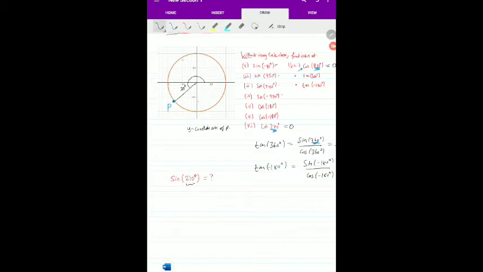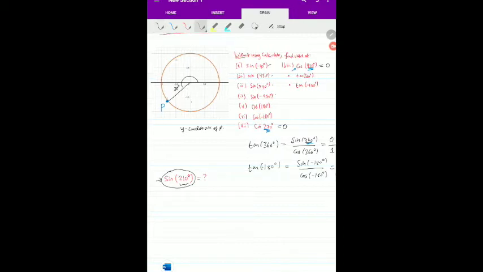So to find out what this is, we're interested in what the y-coordinate of P is, right? Well, let's figure that out. So we draw a right acute triangle. All right? So this has a distance 1.